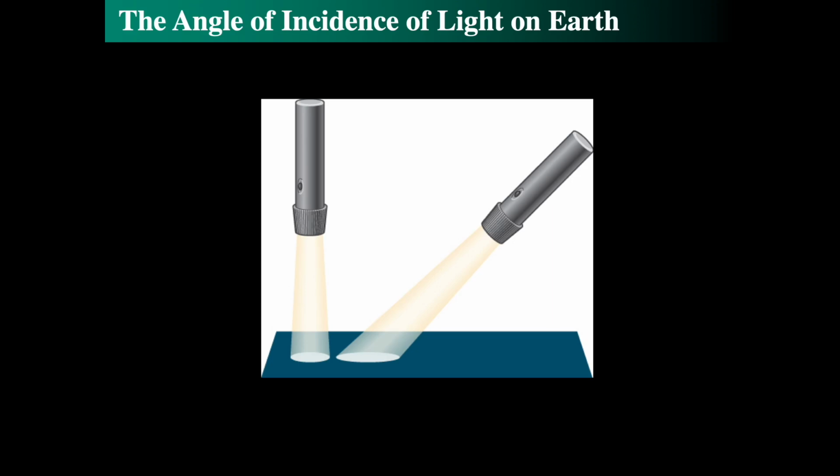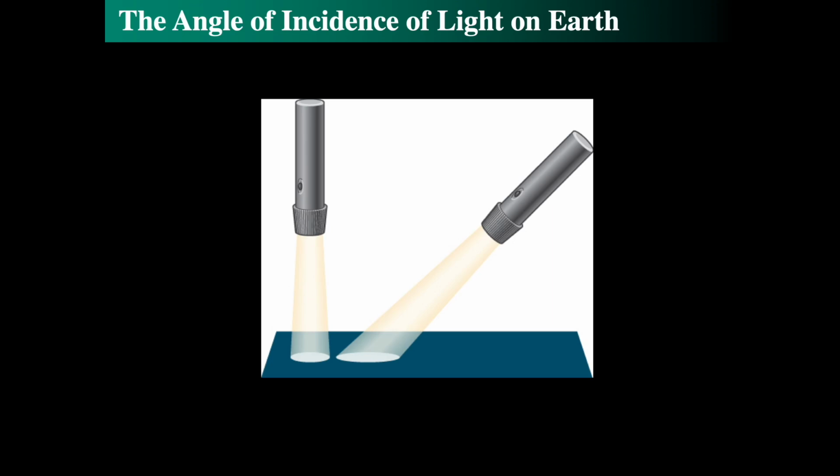That means it doesn't get as hot. That's the reason for the seasons. It is the angle of incidence of the light on the Earth distributing the light less intensely in winter than it does in the summer.